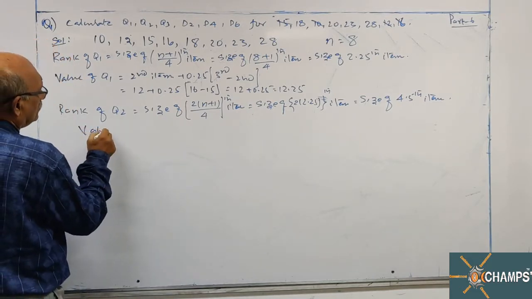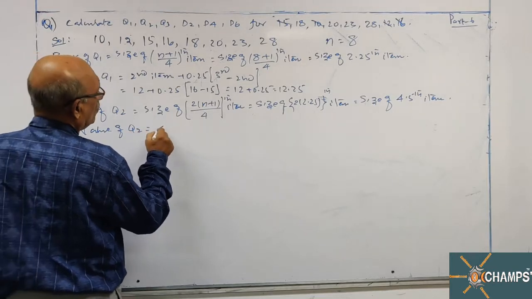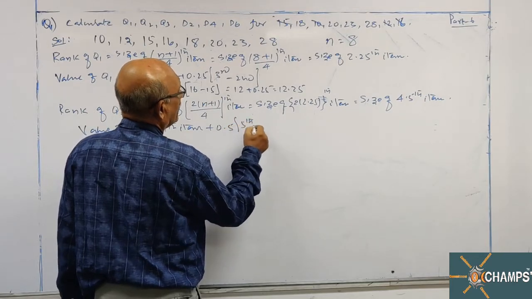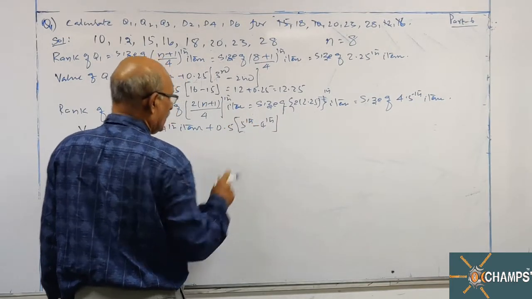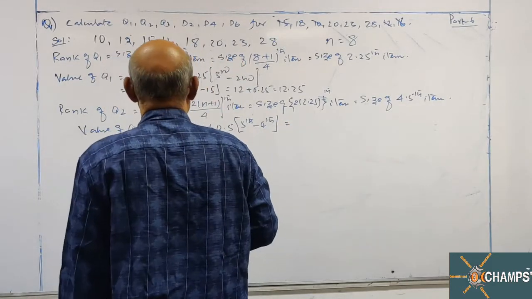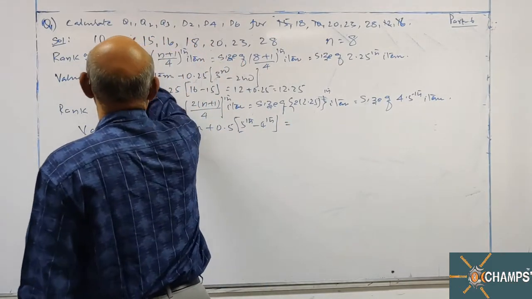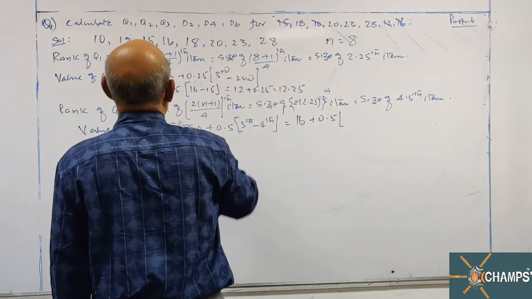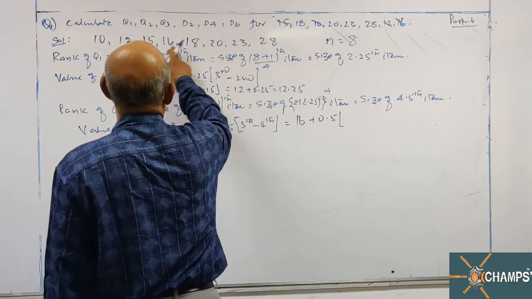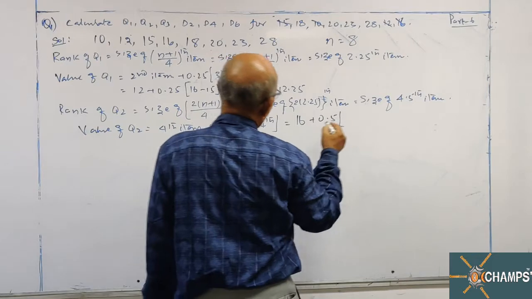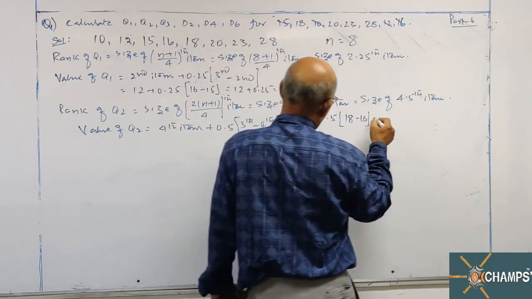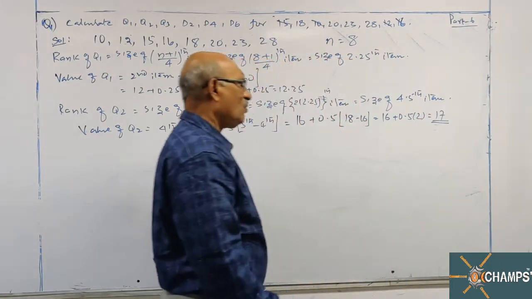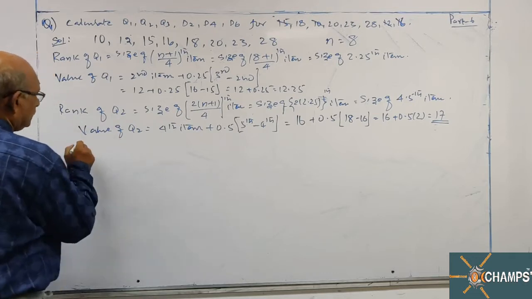Value of Q2 is equal to 4th item plus 0.5 into (5th minus 4th). 4th item is 16. 16 plus 0.5 into (18 minus 16). So 16 plus 0.5 into 2, 17. So value of Q2 is equal to 17.